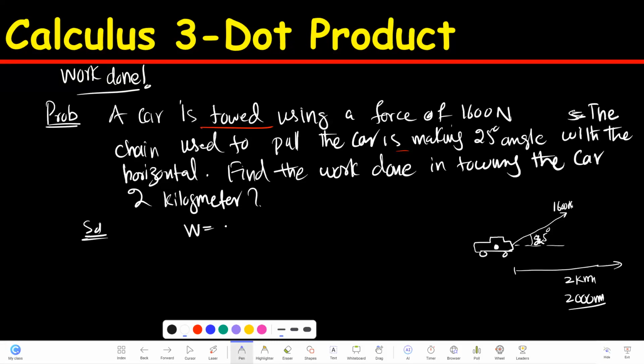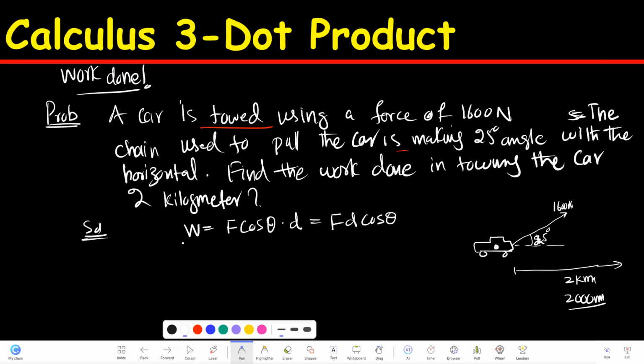Work done equals force cosine theta, because this is the angle, and then we take the dot product with distance. Or I can write it like this: F d cosine theta is the formula.